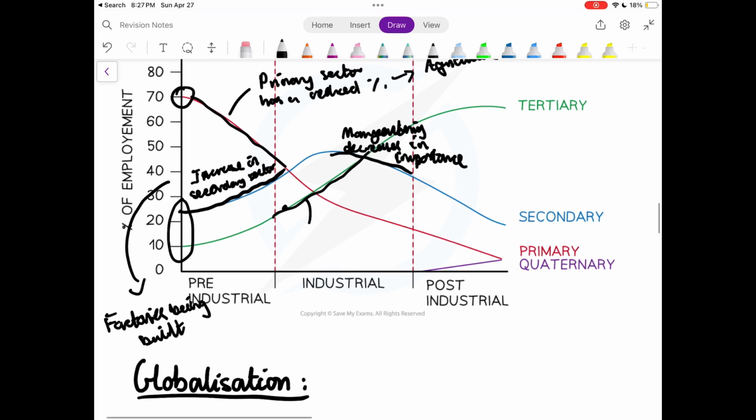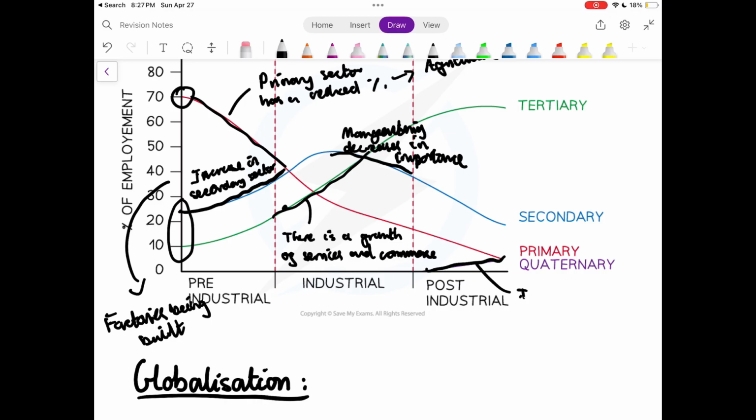So because there is a growth of services and commerce, this will cause this tertiary sector to grow. And as the tertiary sector grows, the quaternary sector will also increase.